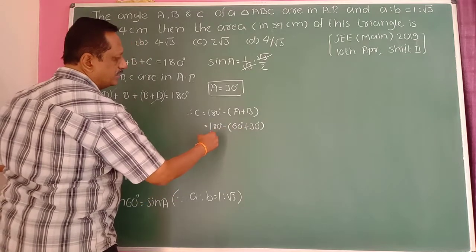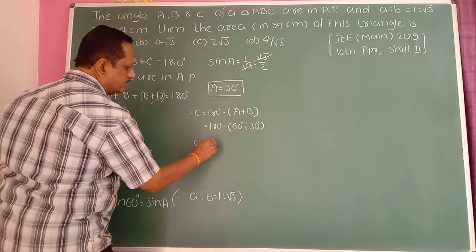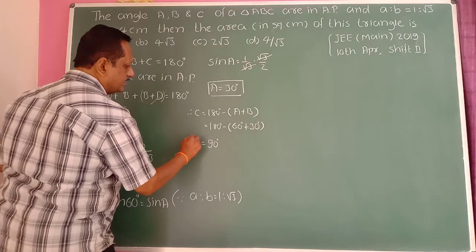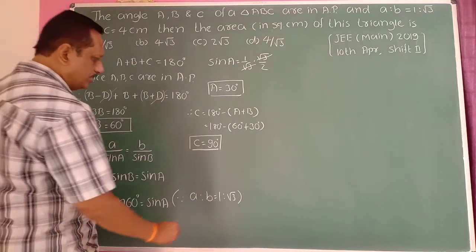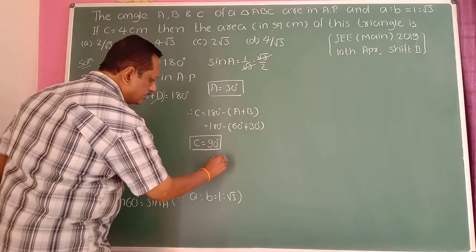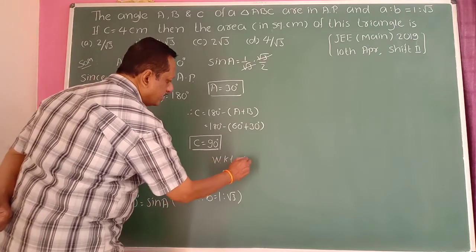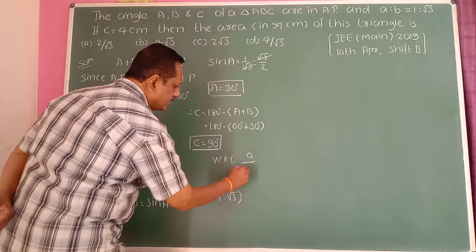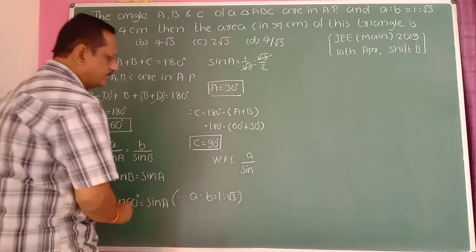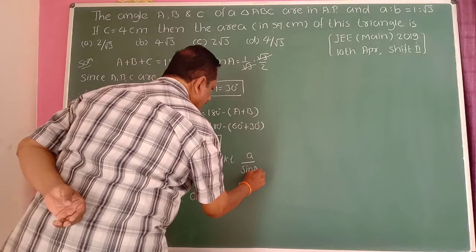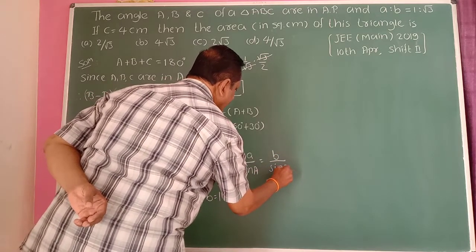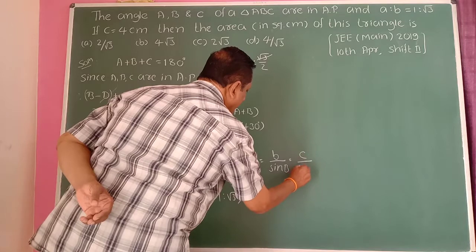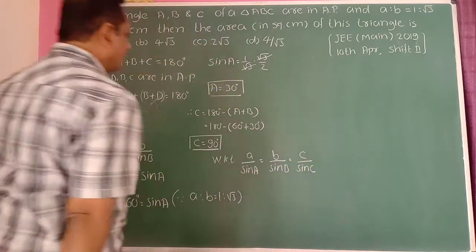So it is 180 minus 90, and angle C is equal to 90 degrees. Therefore, by the sine rule, a divided by sine A is equal to b divided by sine B is equal to c divided by sine C.